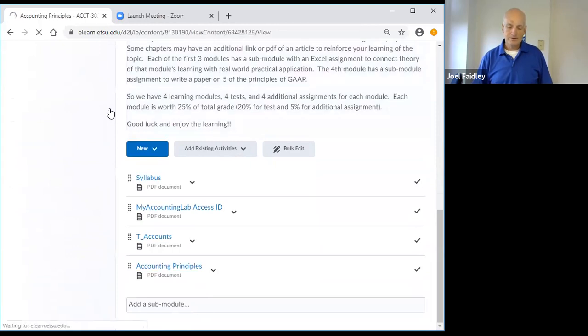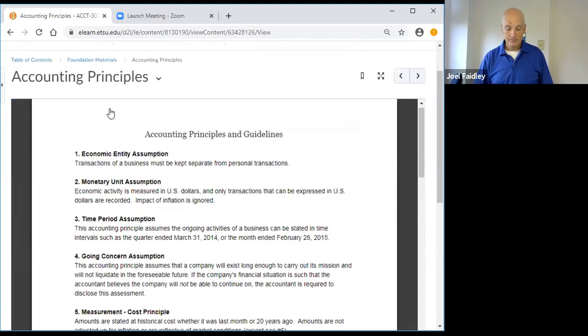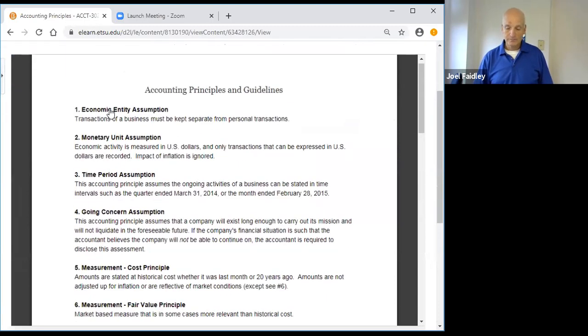Then the accounting principles here under this foundation materials section are 12 principles or concepts that are really important. I know you've already had this in 3010, maybe talked about some in 2010 and 2020.